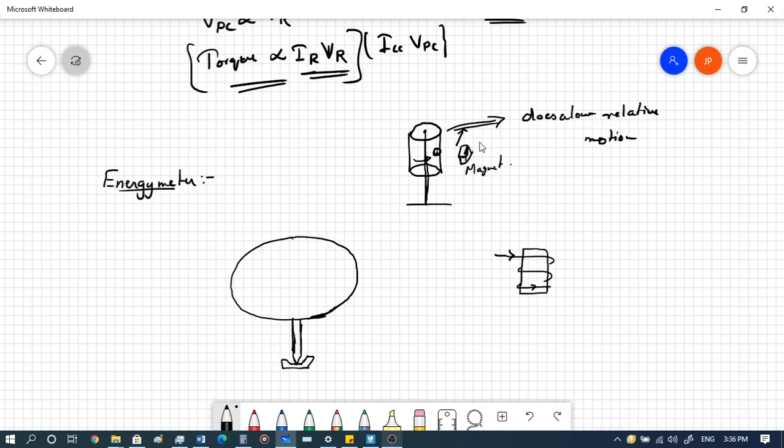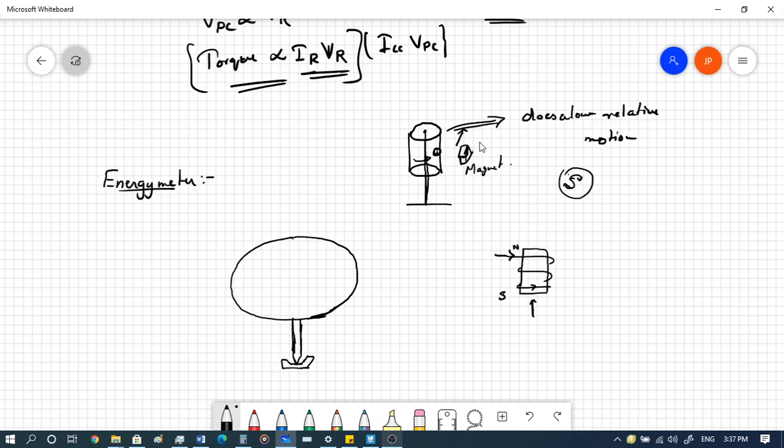If you look from the bottom, it is in the clockwise direction, and clockwise means it has a south pole at the bottom and a north pole at the other end. We are talking about AC currents, so the south and north poles keep changing, but as of now, let's take this assumption, right?